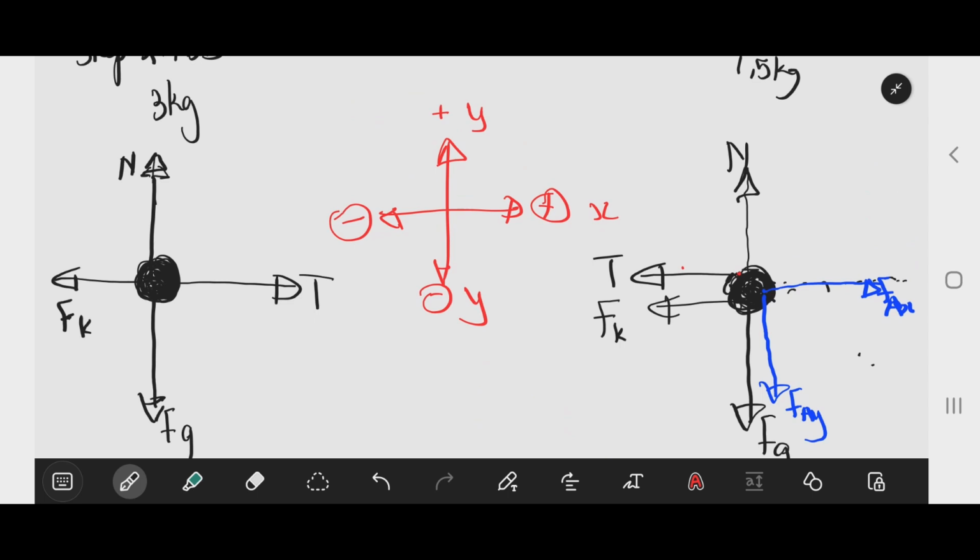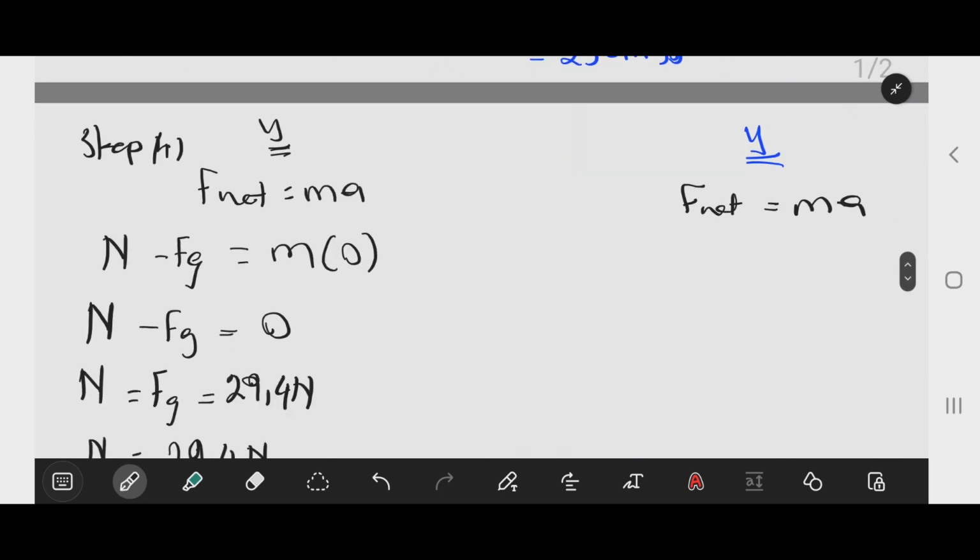In this case we have 3 forces, right? We have the normal force, which is positive, and we also have Fg, which is negative because it is pointing downwards. We also have the component of the applied force, Fay, which is negative because it is pointing downwards. Okay, so now we have 3 forces in the y direction.